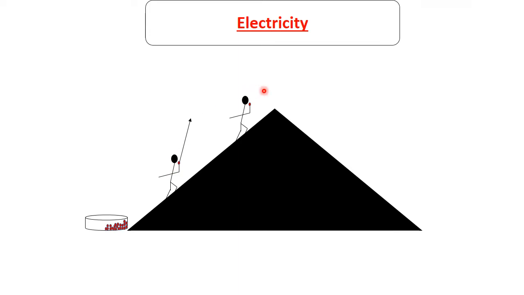If we want to define this situation in terms of electricity, assuming these people are charges, we can say that this one at this point has some energy, let's call it energy 1, and this one has some energy, energy 2. The energy here might be higher than here since this one is tired. From here to here maybe they start, so this one has a higher energy than this one.